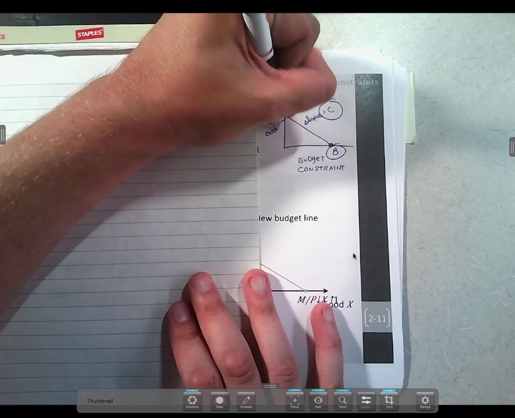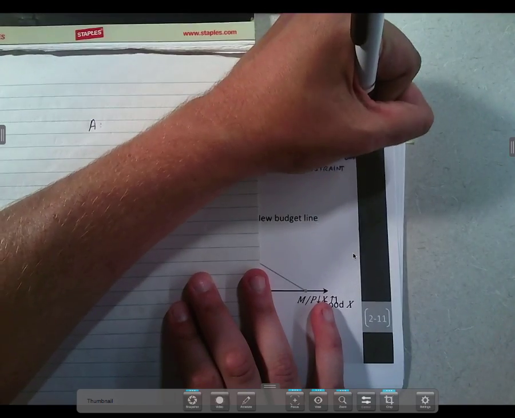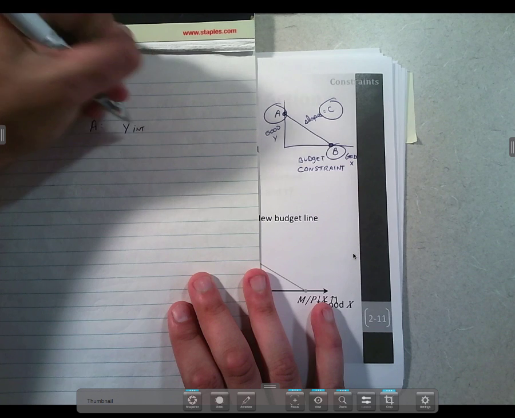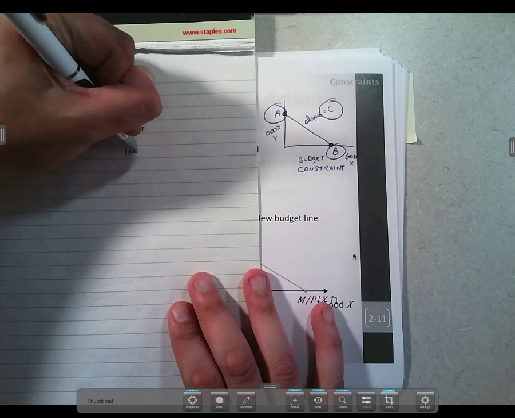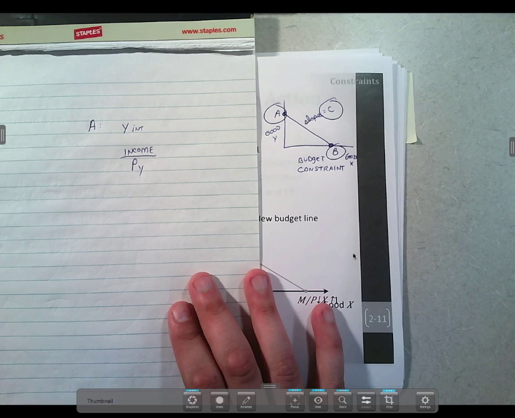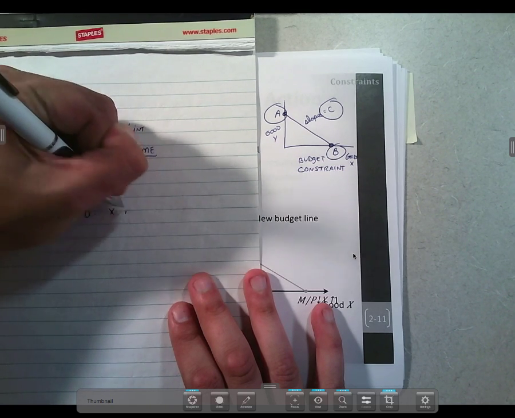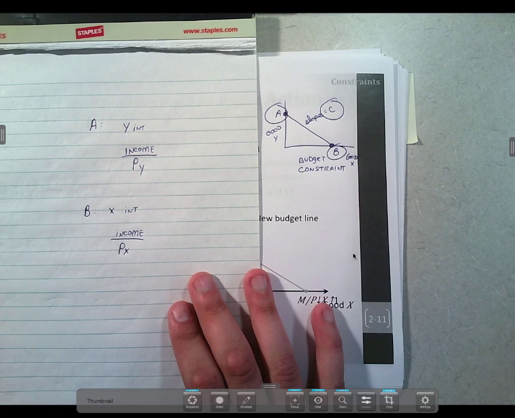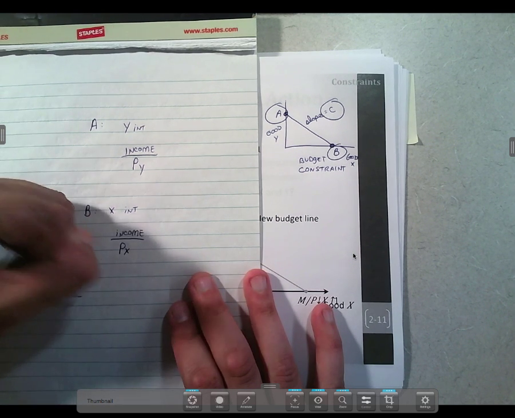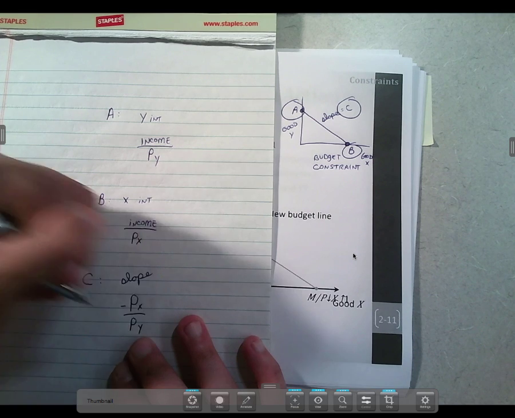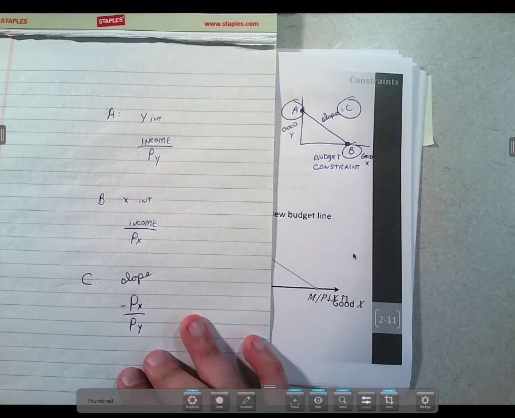Let's say this is good Y, and this is good X. Then point A, or the y-intercept, would be equal to the total income divided by the price of good Y. Point B, or the x-intercept, would be the total income divided by the price of good X. C, which is the slope, would be the negative price ratio of the two products.